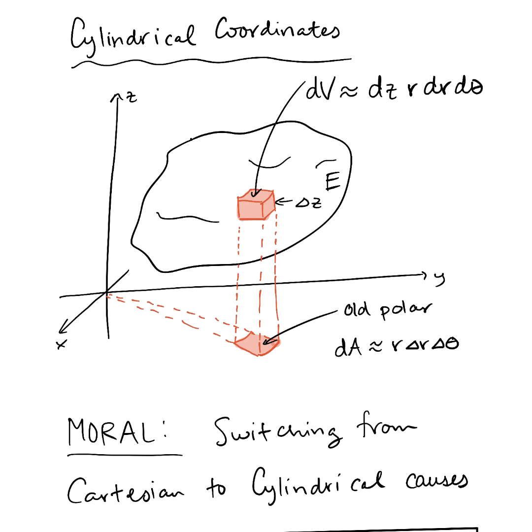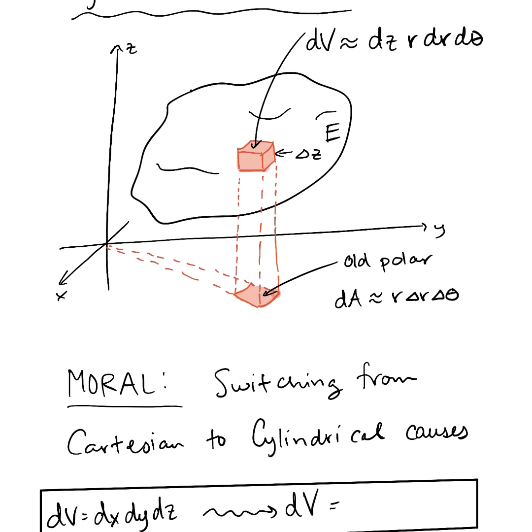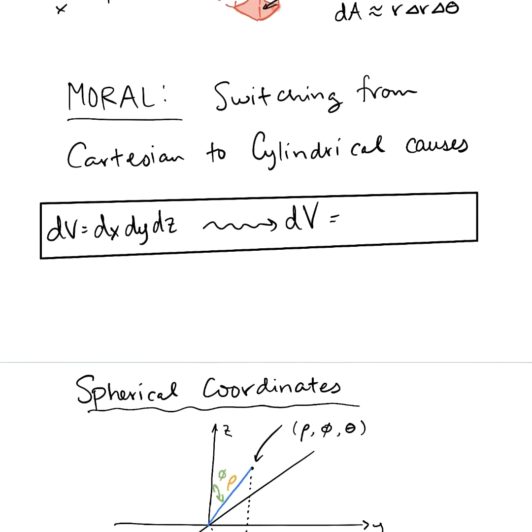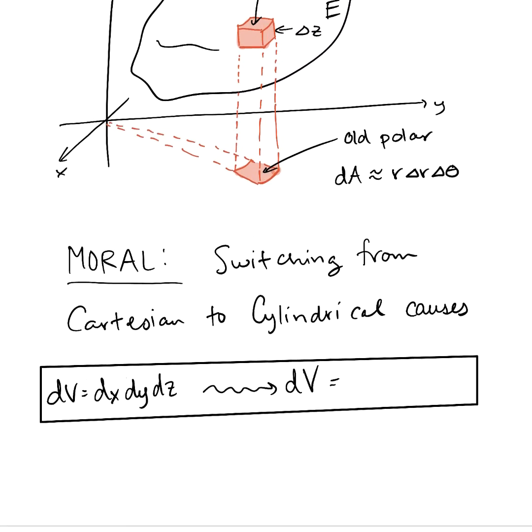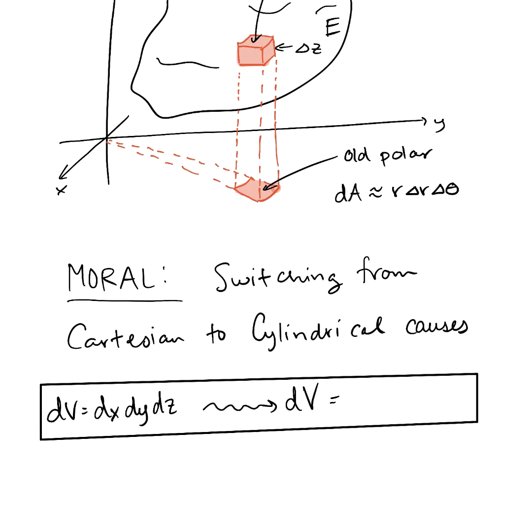And as we divide E into more and more such little wedges, and we take a limit and do a Riemann sum carefully, then for the triple integral, you can express dV in this new coordinate system as dz r dr d theta. So the moral when you're doing cylindrical is that the old role of dV was dx, dy, dz.